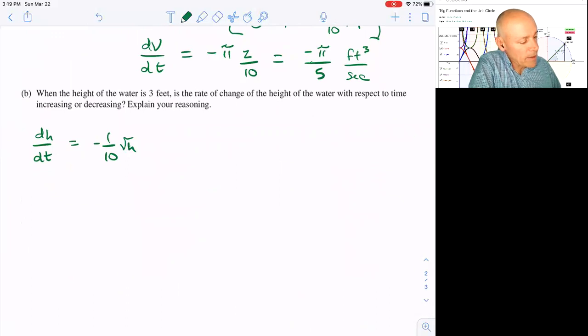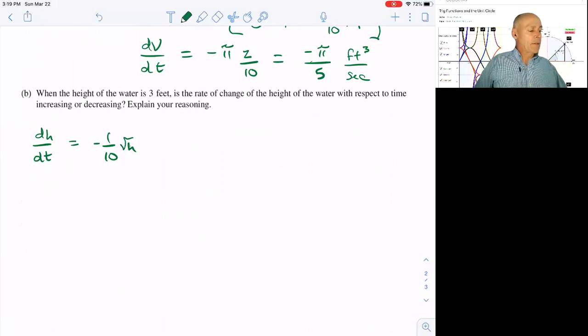And they're asking me to make a determination, is the rate of change of the height of the water with respect to time increasing or decreasing? Explain your reasoning. Now, I'm not asked to determine whether the height of the water is increasing or decreasing when the height is 3. That'd be pretty simple.